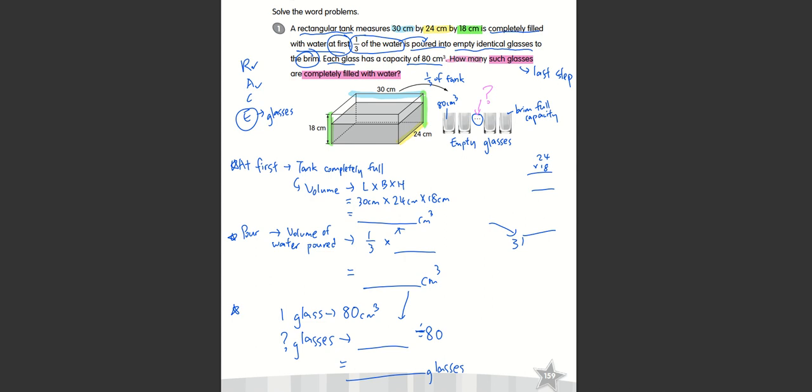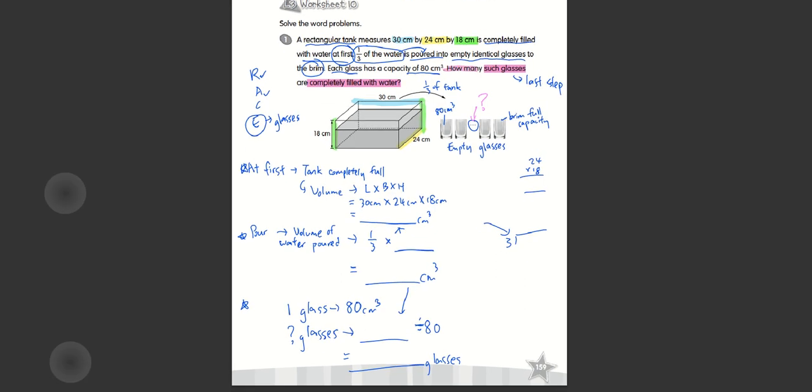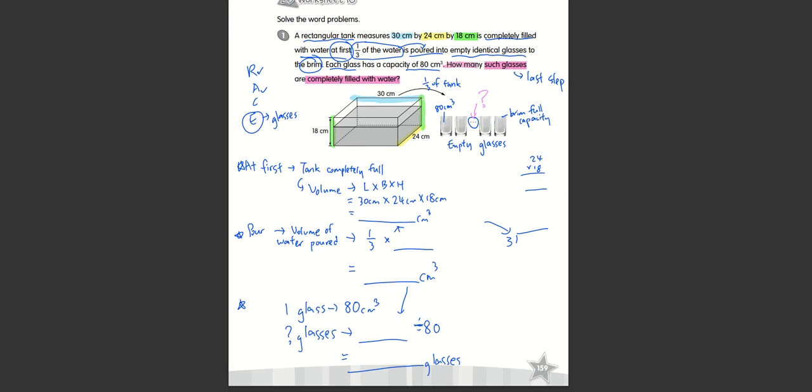Because this is not a calculator problem, you don't need a calculator to solve this. I'm pretty sure the calculations here won't be too complicated. So give it a try. Alright, so this is the question on page 159. I'm choosing a step-by-step approach. Page 159, level 3 word problem for volume.